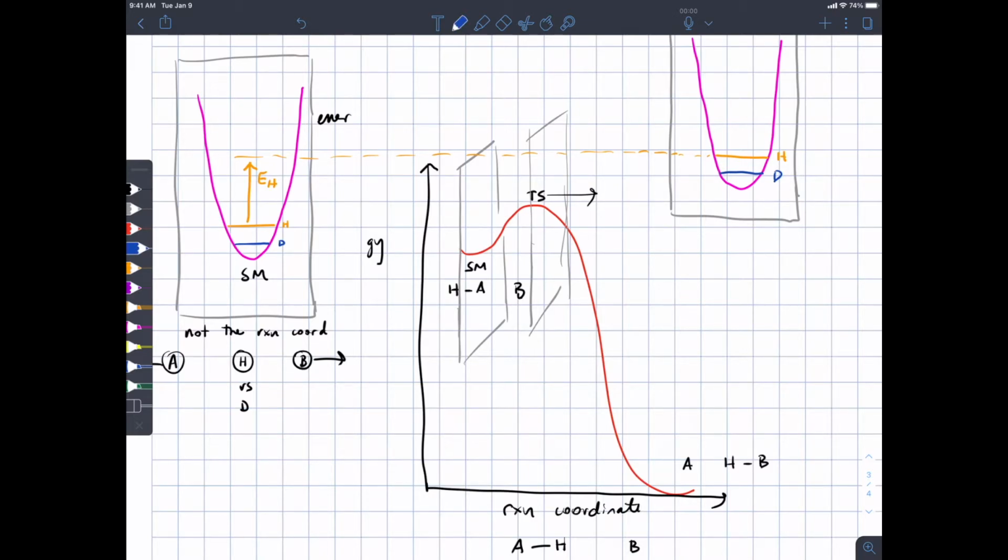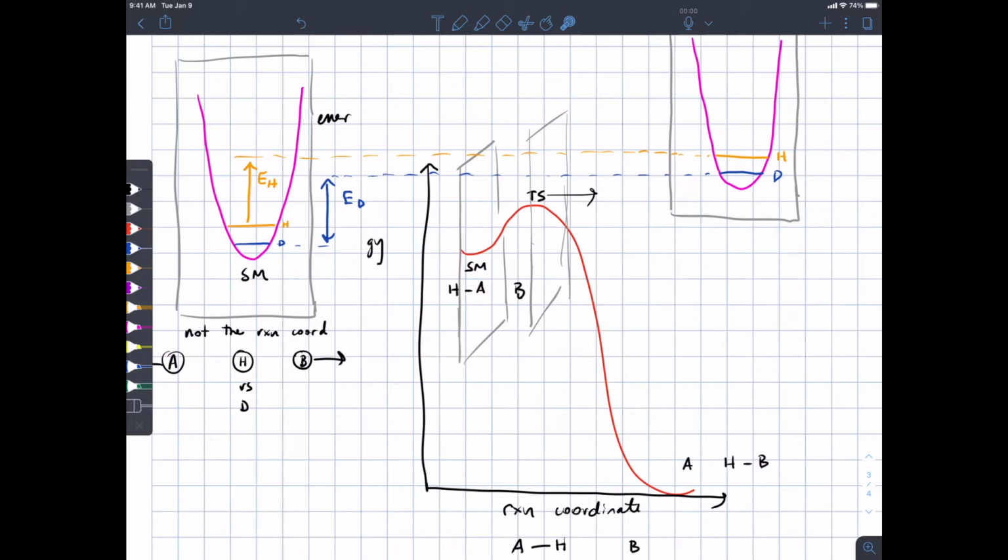Similarly, the activation energy for deuterium is right here. It's the difference between the 0-point energy of deuterium in the transition state versus in the starting material.